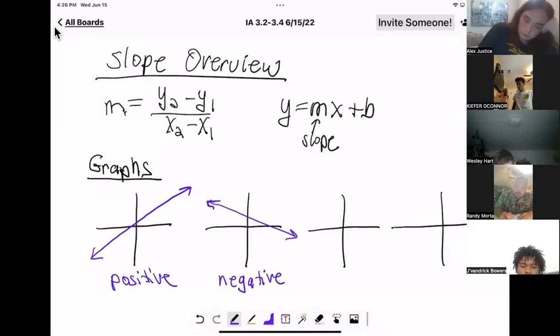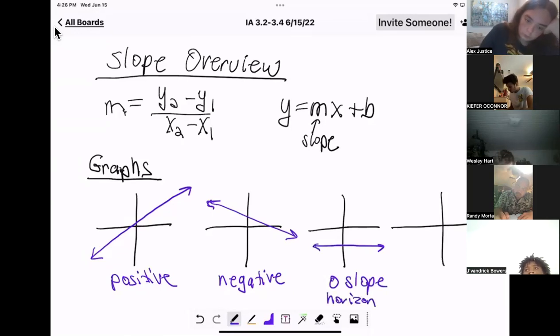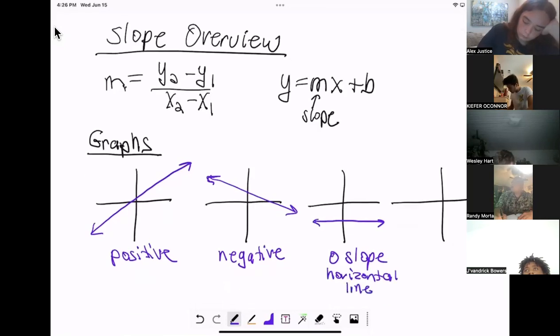You can have a 0 slope. That is just a horizontal line somewhere. Horizontal line. Now, all those three are functions. They pass a vertical line test.